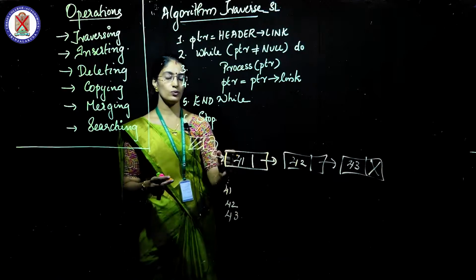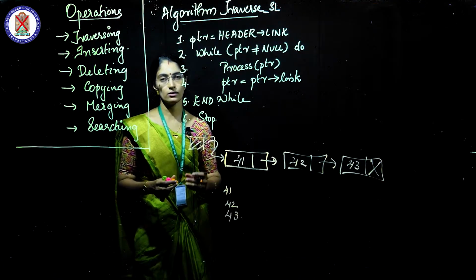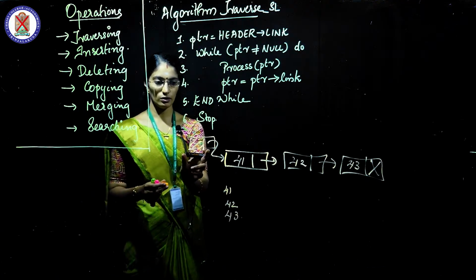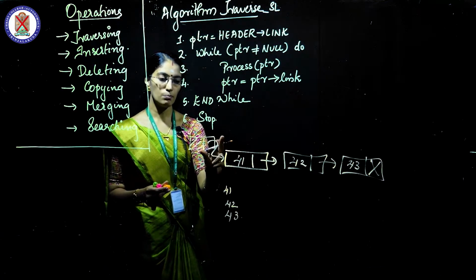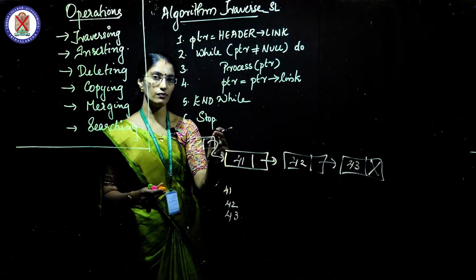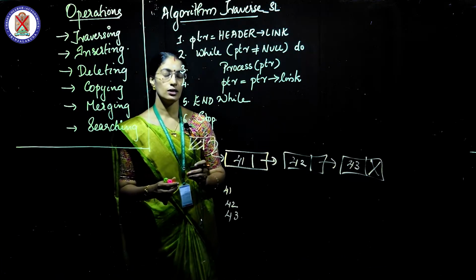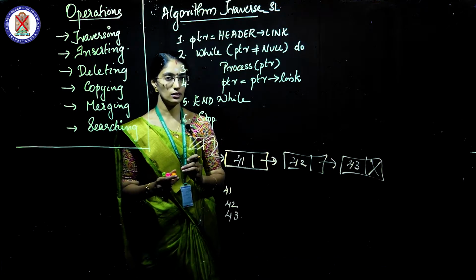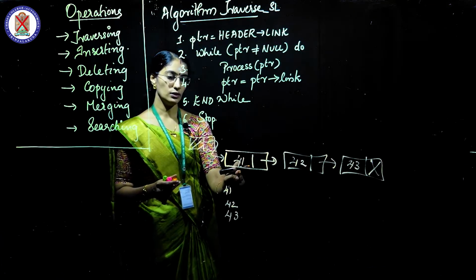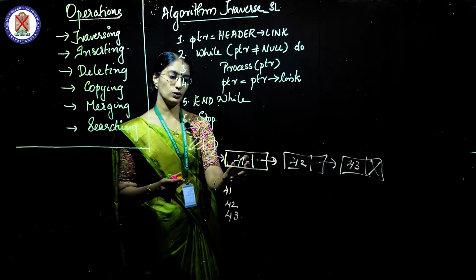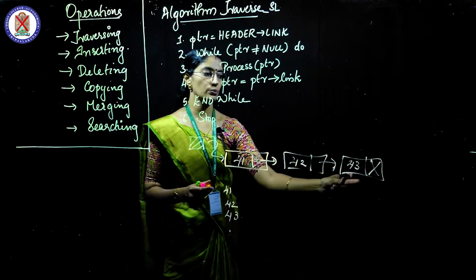Okay, so what will be the algorithm? You have to start from the header node. The header node means in the header link part, you have the address of the first node, and naturally a variable that can hold the address is a pointer. So we start from the first node 41, and then you print 41, then you print 42, and you print 43.